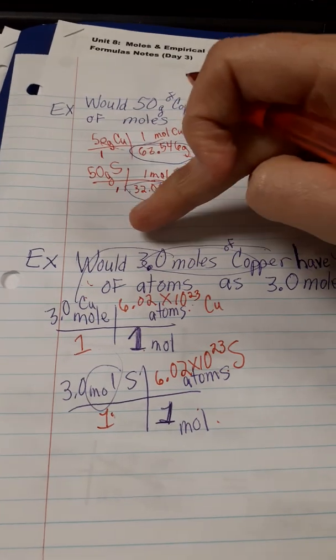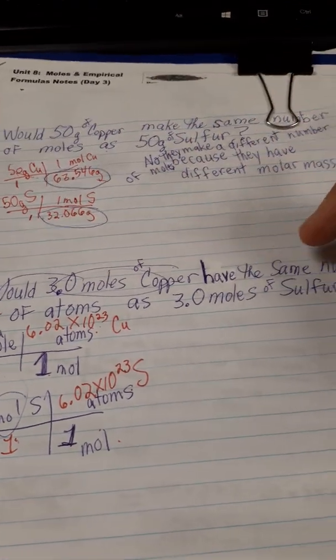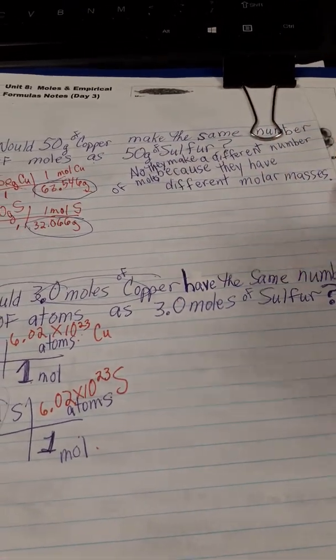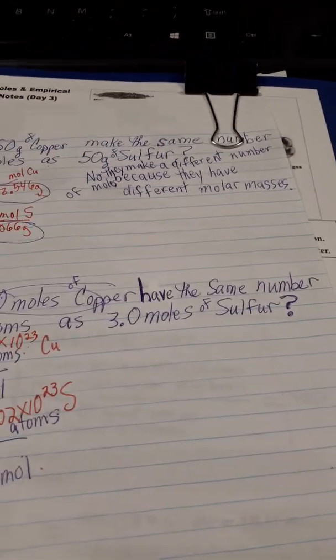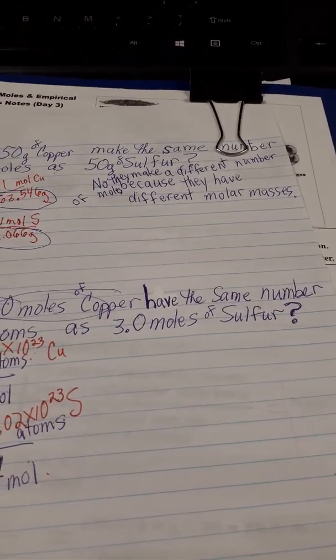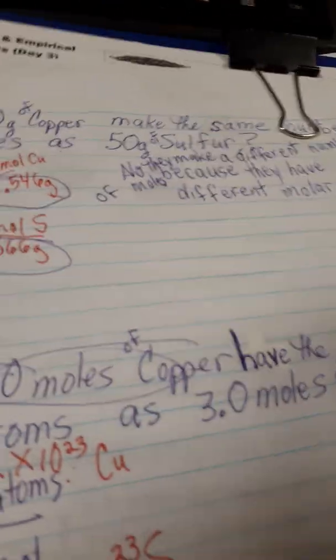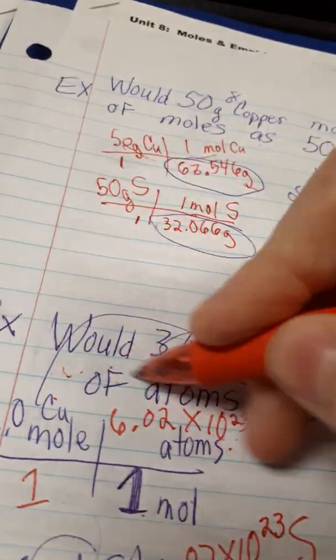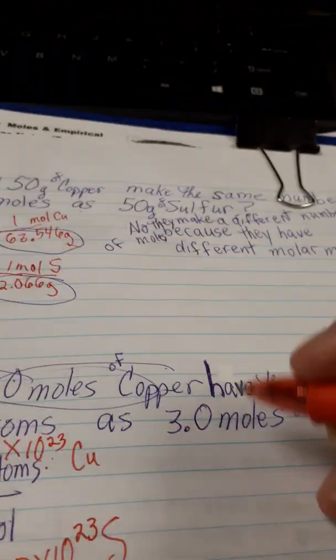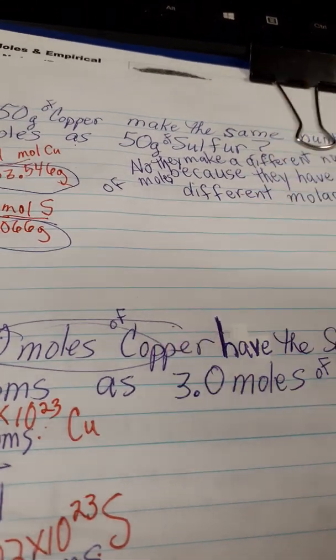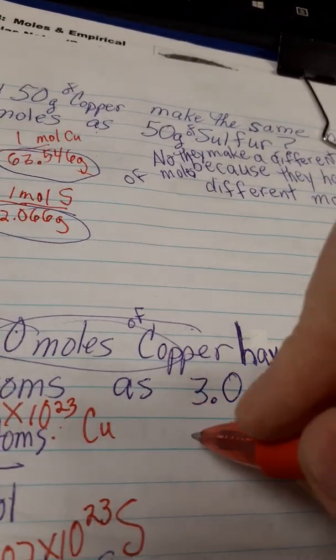So, once again, would 3 moles of copper have the same number of atoms as 3 moles of sulfur? Oh, there it is, of atoms. I lost it for a second. Made me worry. Okay, so you could say yes because, but you know that's not a very good sentence.